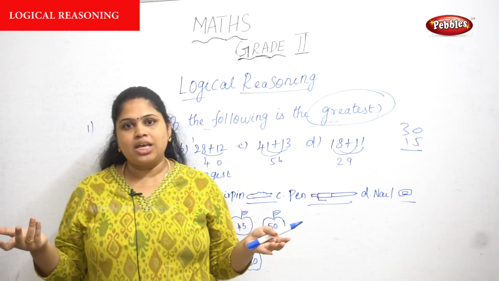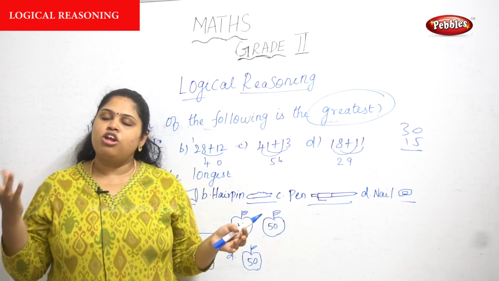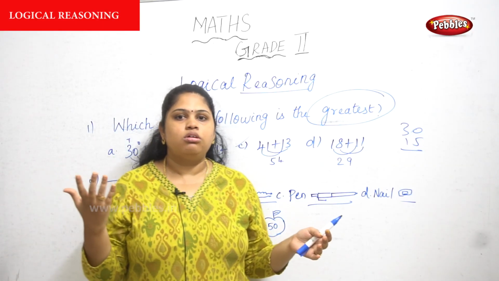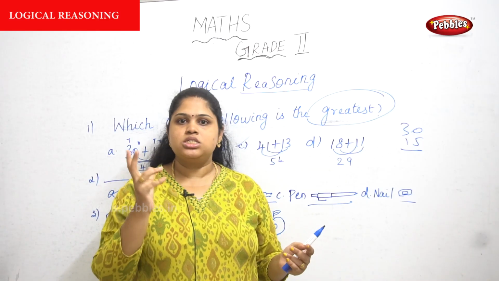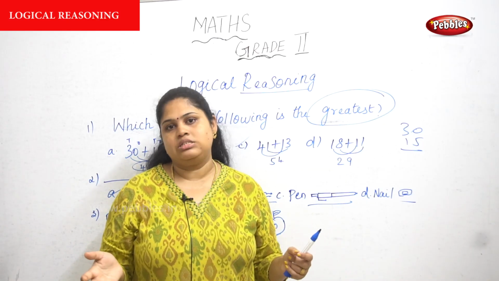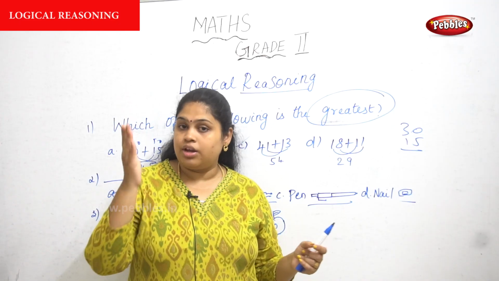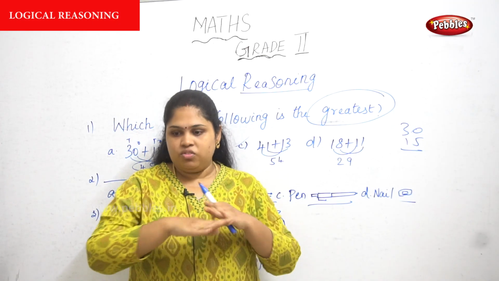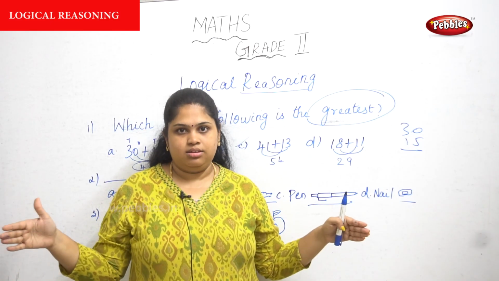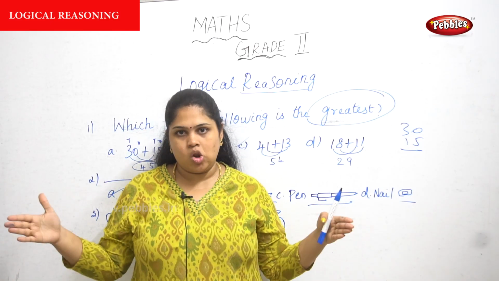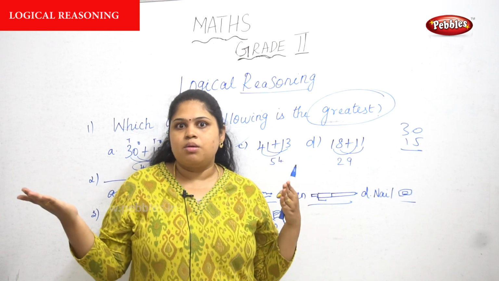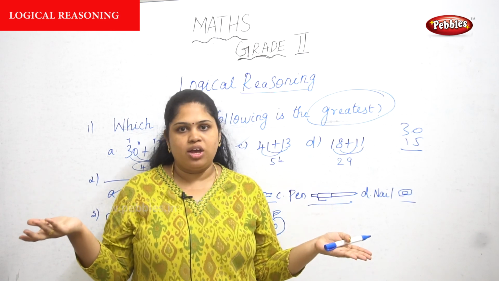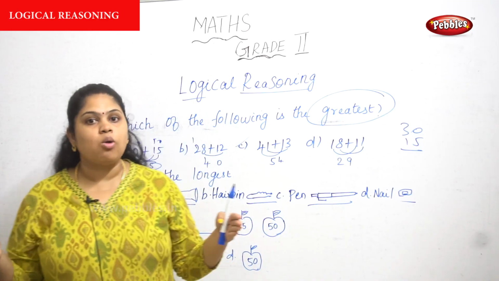For instance, the burger we cannot compare for longest because it is a circle. It is not height; we are just saying length. By length they are asking which is the longest. So maybe sometimes the hot dog will be the longest, isn't it?